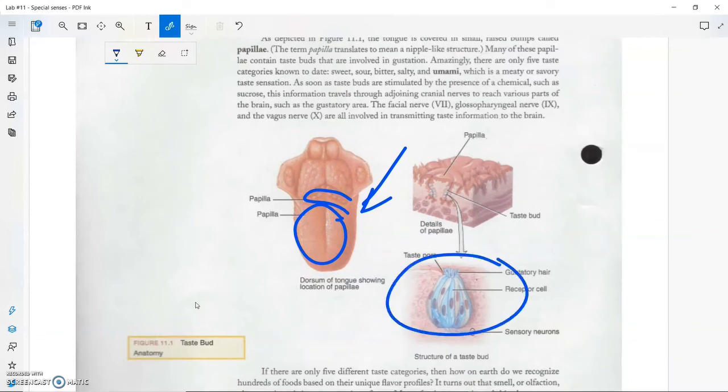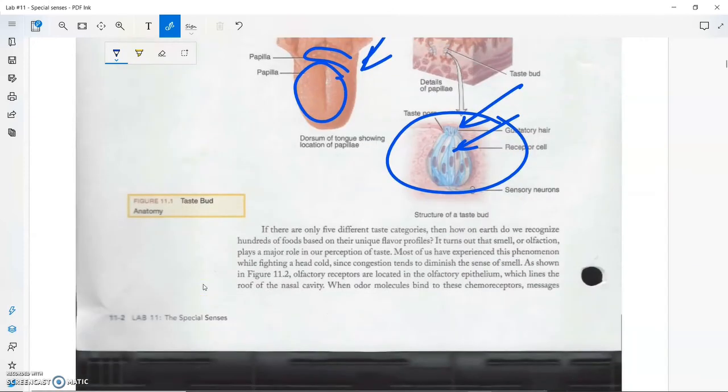In these taste buds, you're going to find receptor cells, and the gustatory hairs of these receptor cells are sticking out on the surface of your tongue and convey the sense of taste. They sense the chemicals and transduce that interaction of a chemical with the receptor into a nerve signal, which they transmit to the brain.